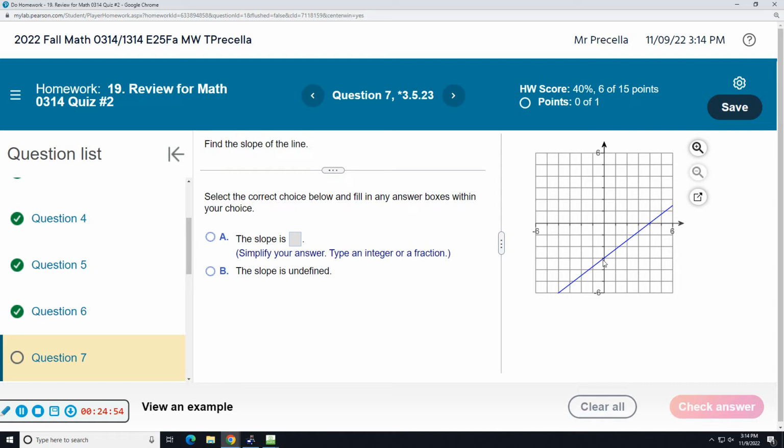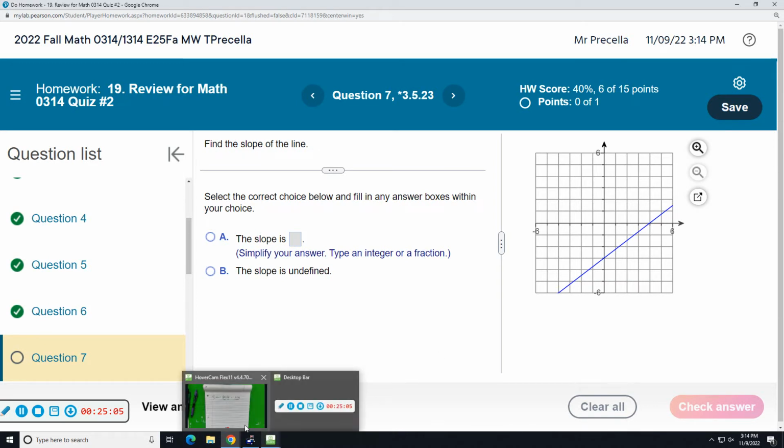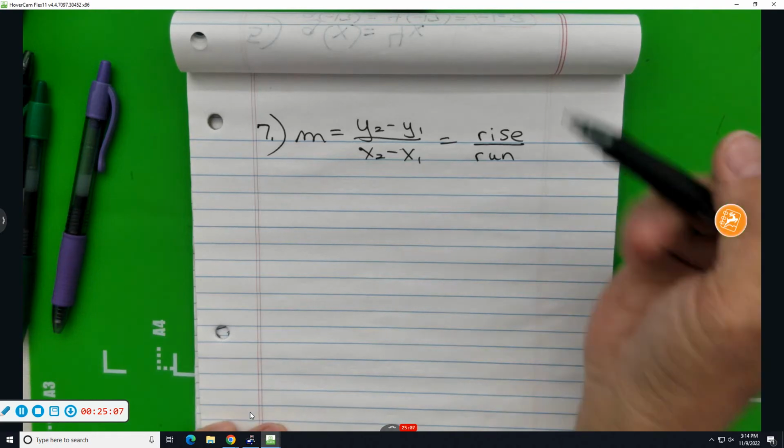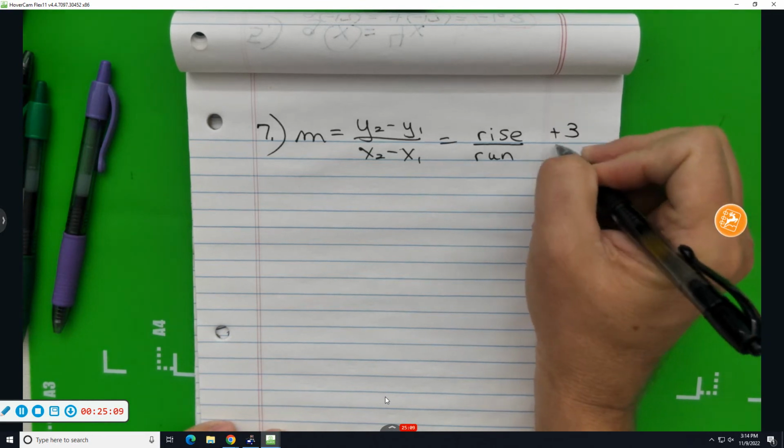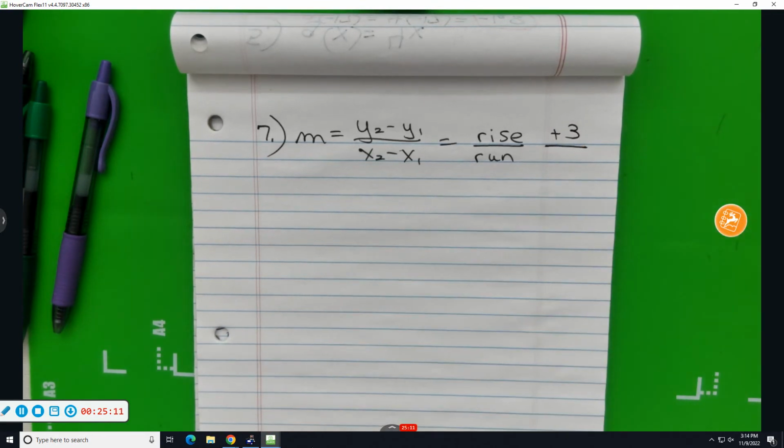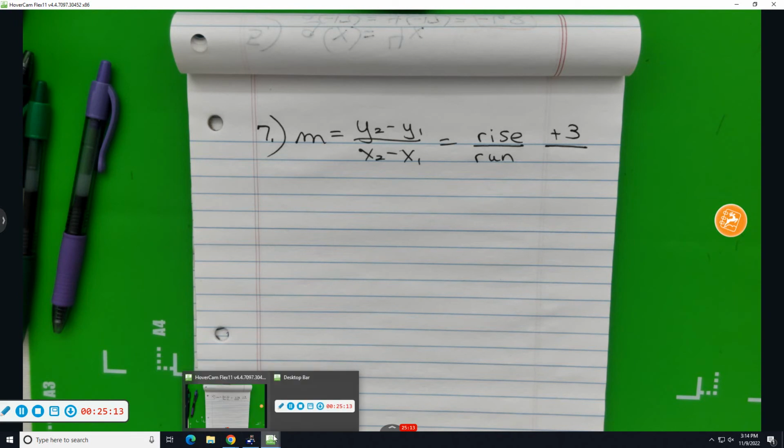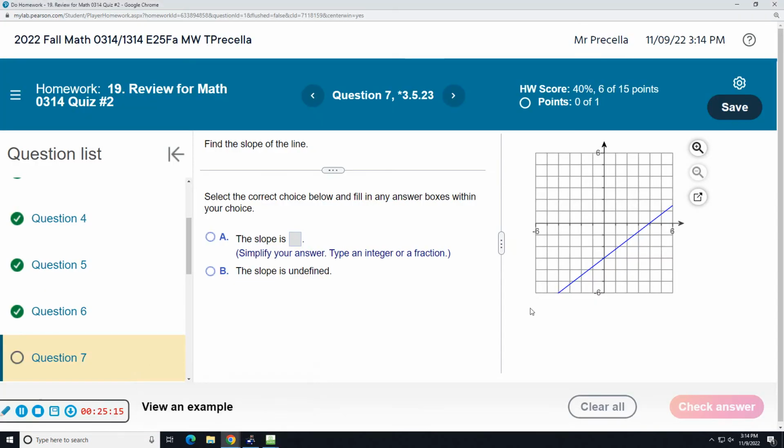The vertical movement. If I start here, I'd have to go up. So that's in the positive direction. 1, 2, 3. So my rise, in this case, would be a positive 3. So we've moved up 3 units.